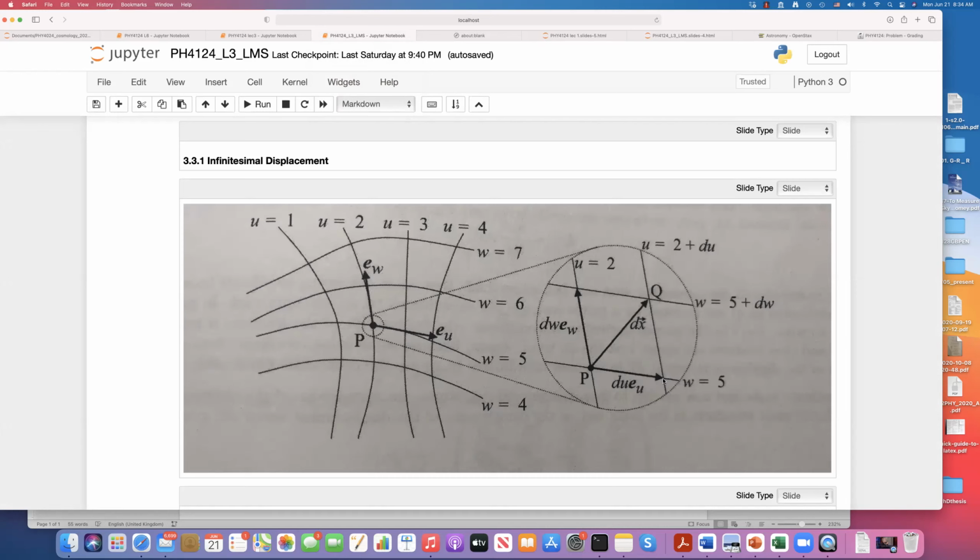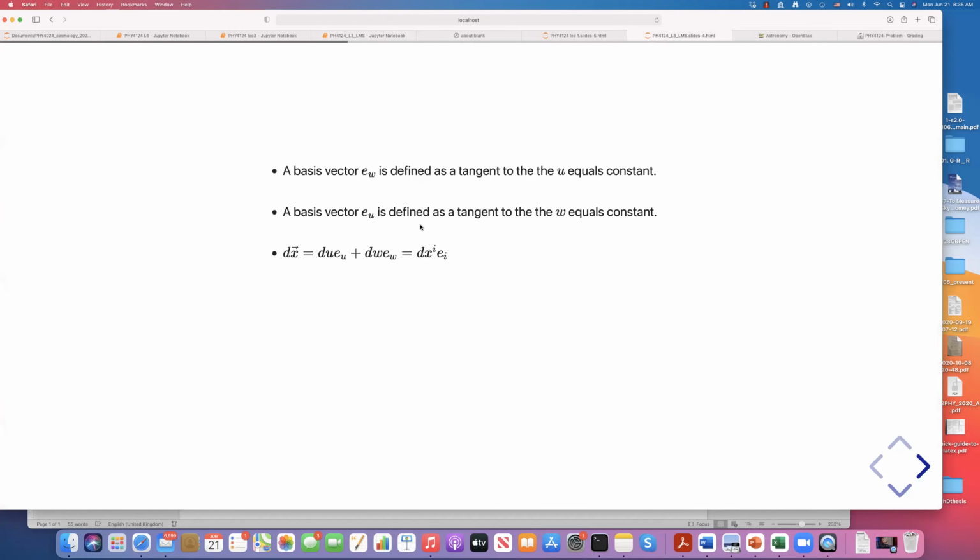This is an infinitesimal displacement multiplied by the basis vector in that direction, that is eu, as you see here, plus this vector right here, dw ew. That means infinitesimal displacement dw multiplied by the relevant basis vector. So this dx will be this expression plus this one right here. So that's what I have here. The dx vector will be equal to du eu plus dw ew, right?